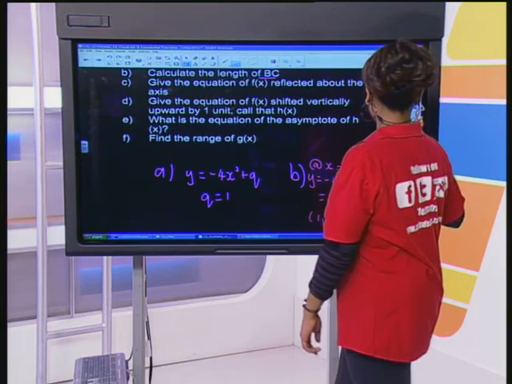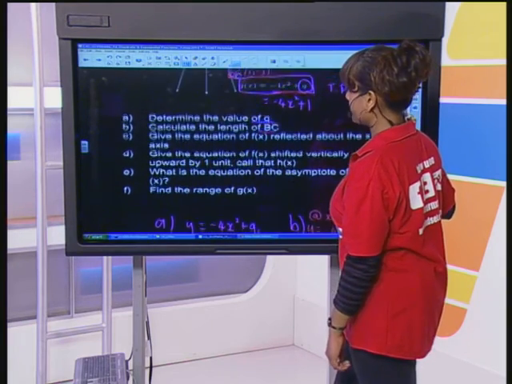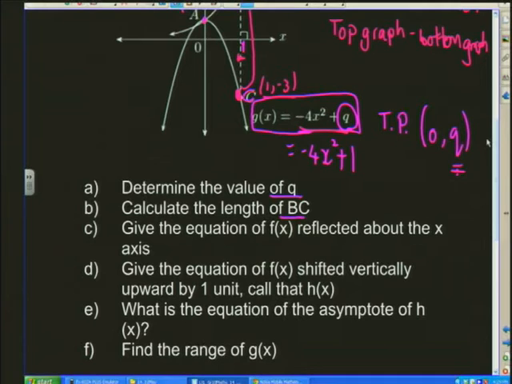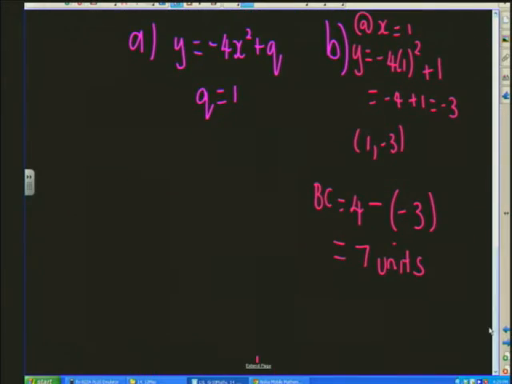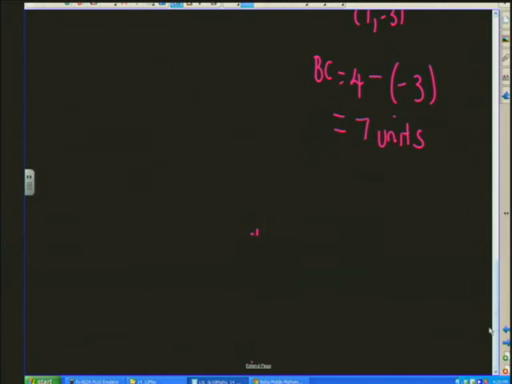All right, let's look at part C. They say give the equation of f of x reflected about the x-axis. Now, any point reflected along the x-axis. So, let's just have a look at something on the side here.